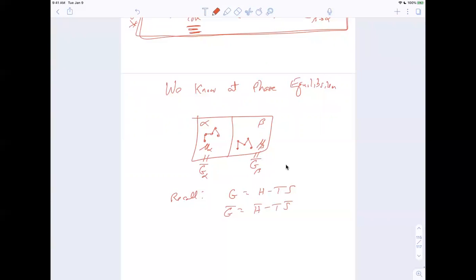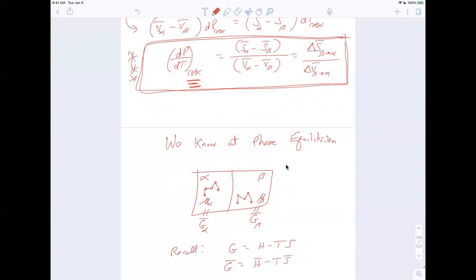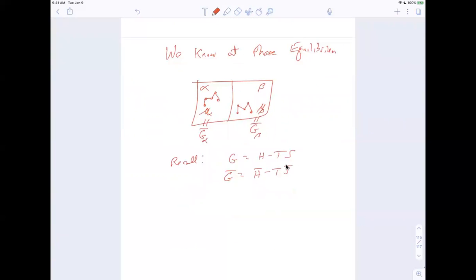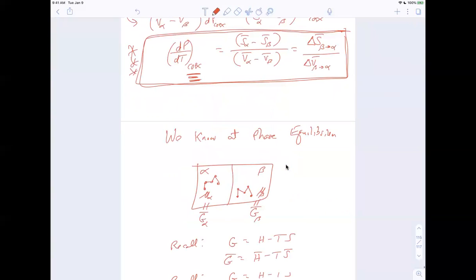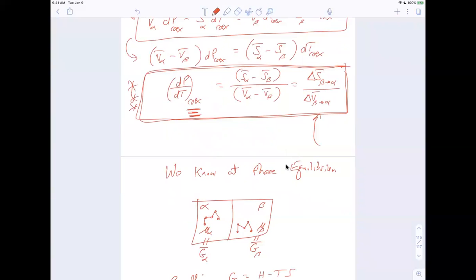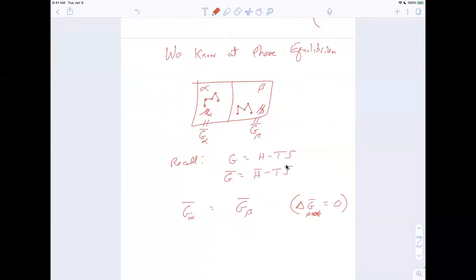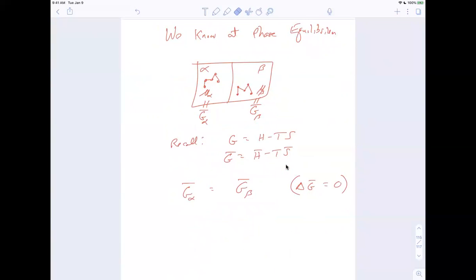So at equilibrium, G bar alpha is equal to G bar beta, which means that delta G bar is equal to 0 at equilibrium for a phase equilibrium. Here we're going from beta to alpha, which was the phase change that we were looking at. So delta G to go from beta to alpha is 0. And that's just our thermodynamic result.